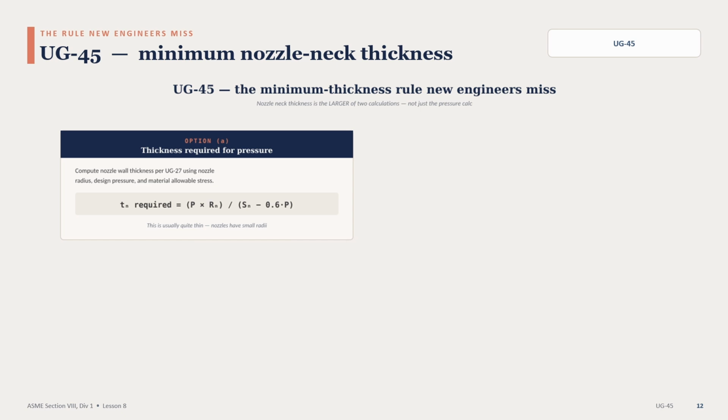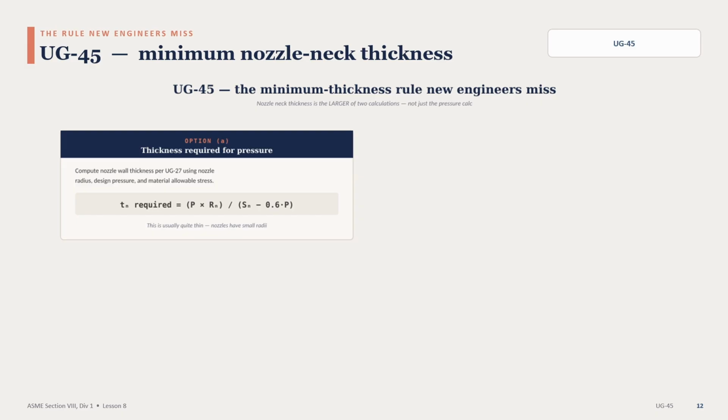Option A is the pressure calculation. Nozzle wall required equals P times nozzle radius divided by allowable stress minus 0.6 P. This is UG-27 applied to the nozzle as its own little pipe.